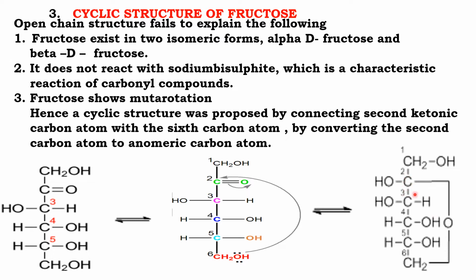Now this carbon atom, the second carbon atom, becomes anomeric. Earlier it was not anomeric. Now it becomes anomeric or asymmetric. And if the OH is on the right hand side, it is alpha D fructose. If the OH is on the left hand side, it is beta D fructose. So this is the cyclic structure of fructose. Take down, very important.